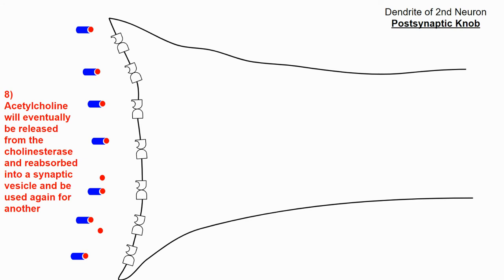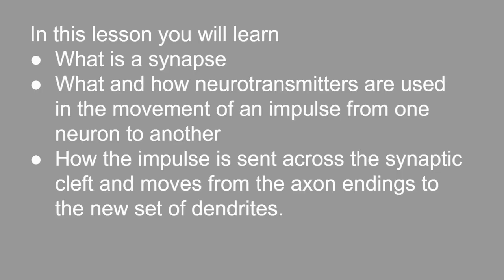Instead, what they'll do is they'll release the acetylcholine. So acetylcholine is released from the cholinesterase, and it's actually reabsorbed back into the synaptic vesicles, back where it started from, to be used again. And cholinesterase goes back and gets reabsorbed where it came from to be used for later times as well.